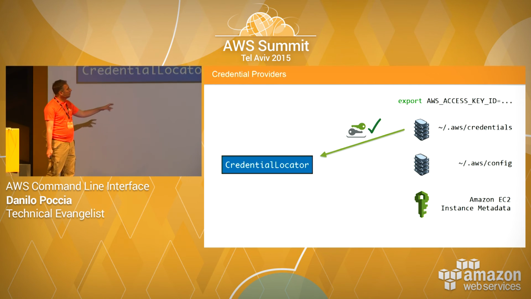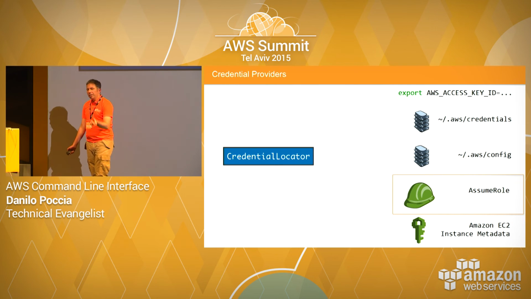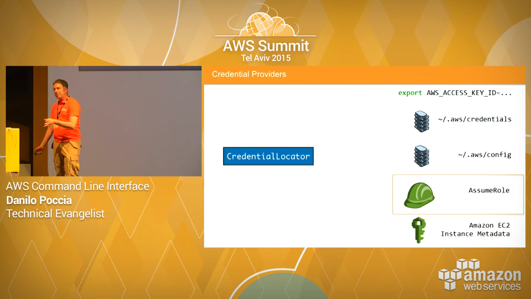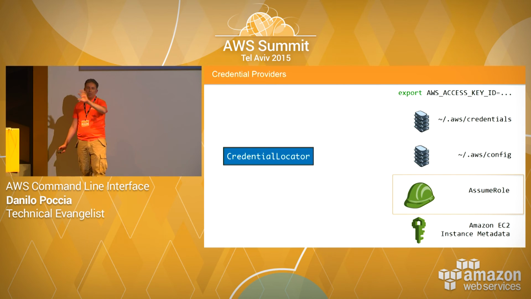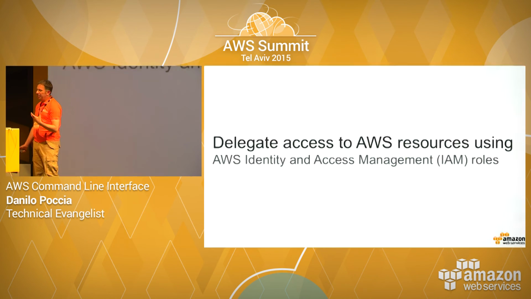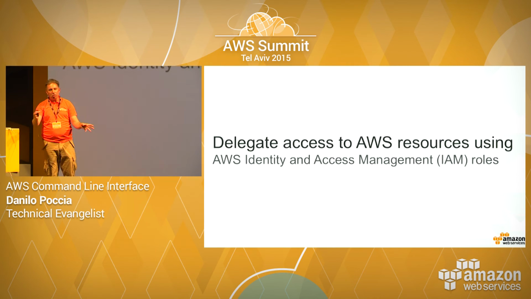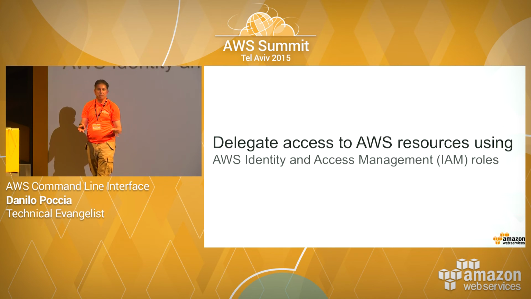But we also added a new possibility, the possibility to assume a role. What we are saying is that using a user, you can assume a role that is different from what the user is doing. This is a very nice way to delegate access to AWS resources. And it's very powerful if you have multiple accounts and you want to have a single centralized station to control more accounts.